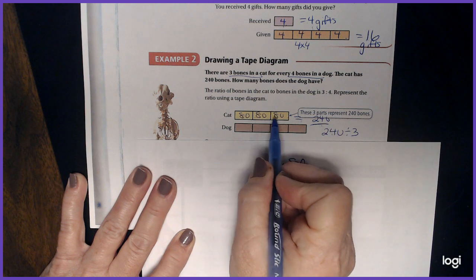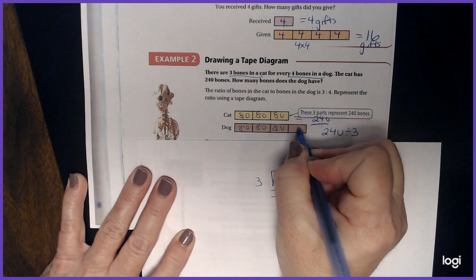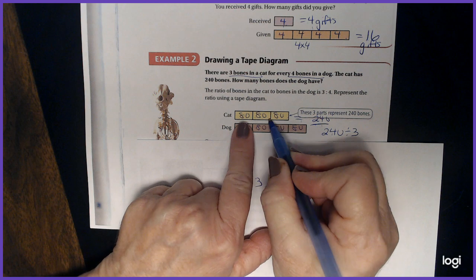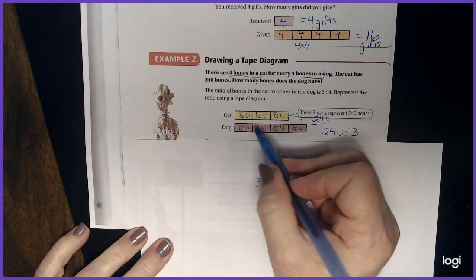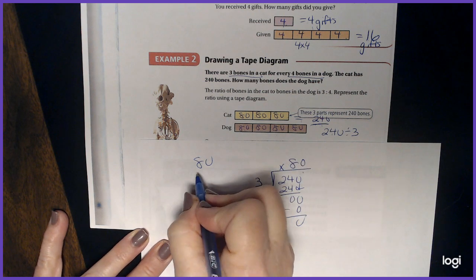If each one of these boxes represents 80, then the same is true for the dog. So I know that if there are 240 bones in a cat, the dog would be 80, 1, 2, 3, 4 times.